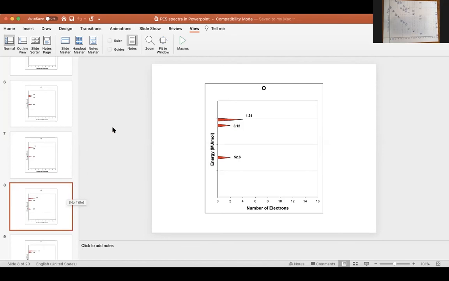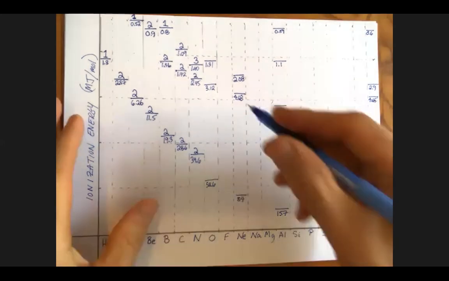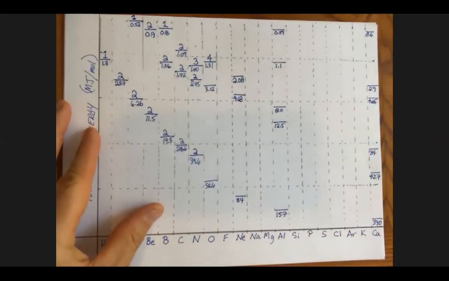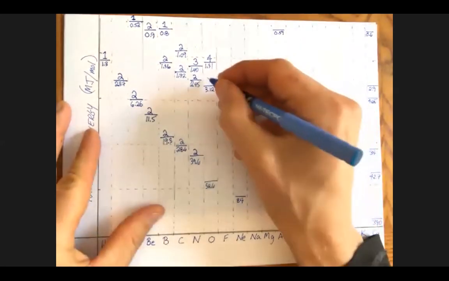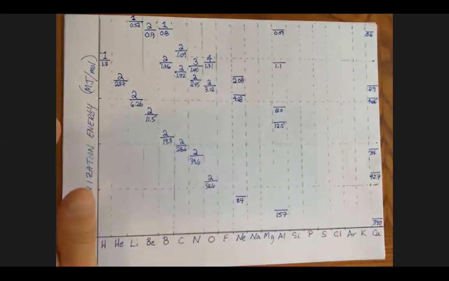They go to 2 each. So going back to the graph we're making, the 1.31 is 4. The 3.12 is 2 electrons. And so is the 52.6. 2 electrons there.